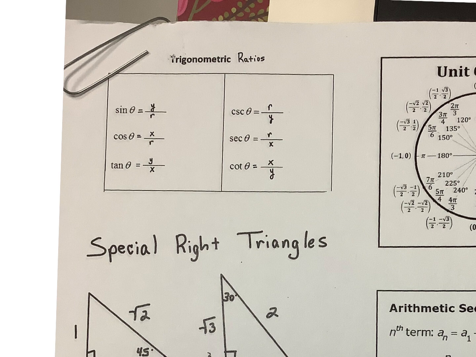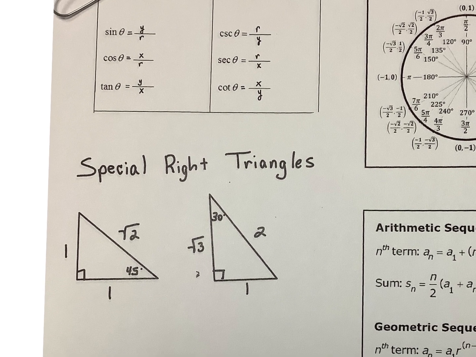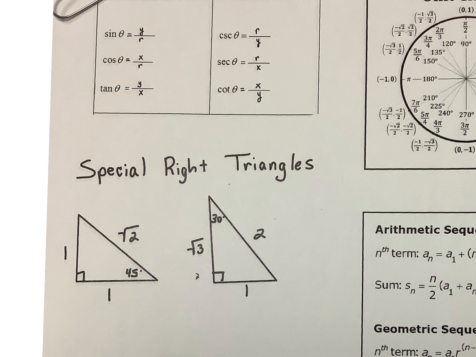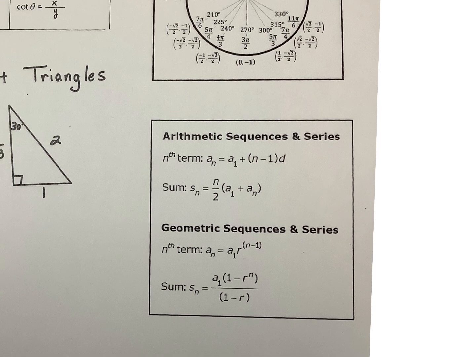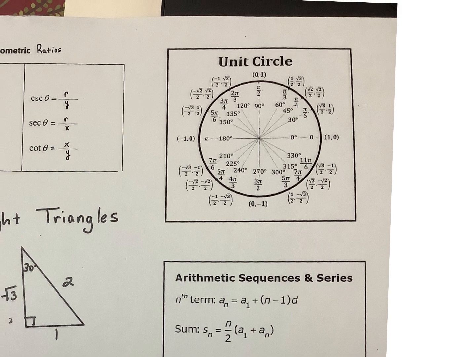If you're using the unit circle, remember r is just 1 on the unit circle. It's going to give you the special right triangles, so you just have to know what to do with them. And then it'll give you the arithmetic and geometric formulas, and it even labels them for you, and the unit circle.